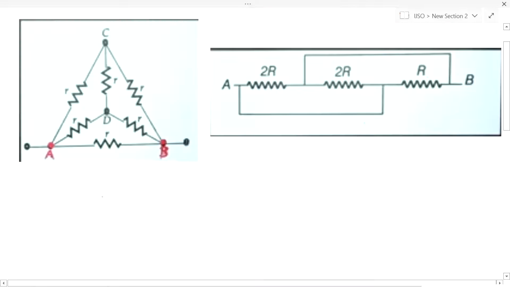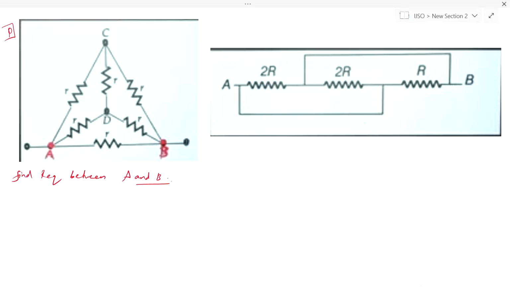Let's jump to the next one. Write down this one. Same thing, find the equivalent resistance. The question is find R equivalent between A and B. Everywhere the question is the same. First, always in this kind of question, just write it down this way.